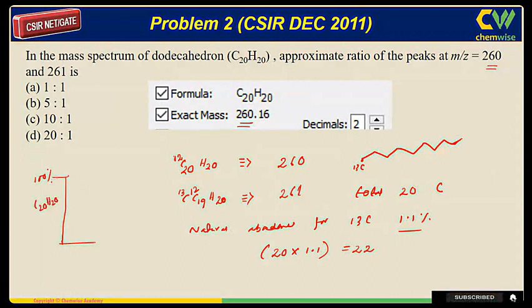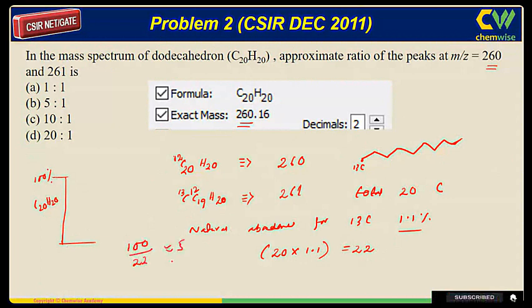If this is 100%, we found that 22% of this system should have 13C. Total 22% means this carbon 13C, this carbon 13C, this carbon 13C individually. Total is 22%. So what is the ratio? This is 100 by 22, which is closer to 5.